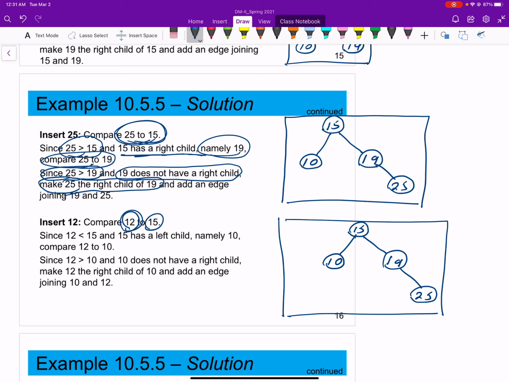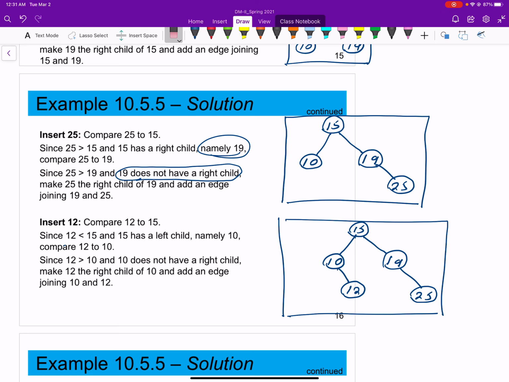You compare 12 with 15 and then you see 12 is less than 15, so you move down like that. Since 12 is less than 15 and 15 has a left child, namely 10, compare 12 with 10. Now you compare 12 with 10. Since 12 is greater than 10 and 10 does not have a right child, make 12 the right child of 10. We make this 12 the right child of 10.